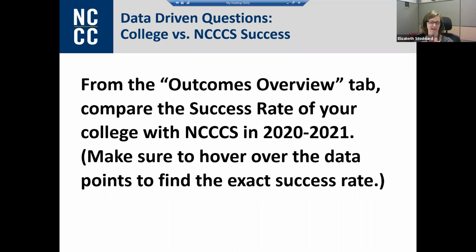If you hover over the data point, you'll get the exact success rate. I'll give you 30 to 60 seconds to try to navigate that. Any questions, let me know. You can unmute yourself or type in the chat.